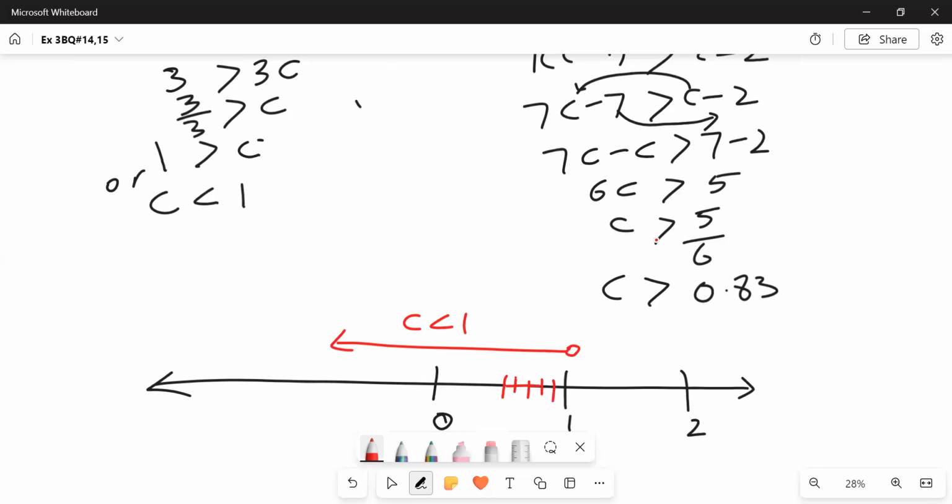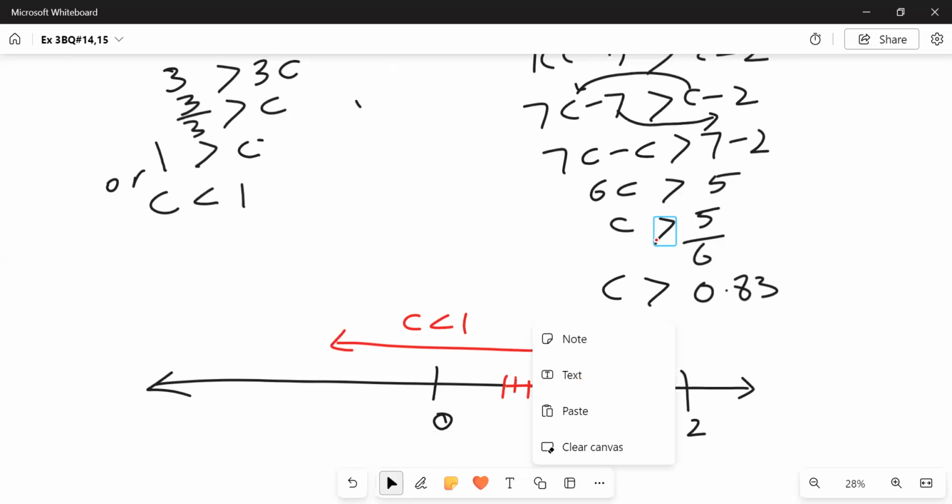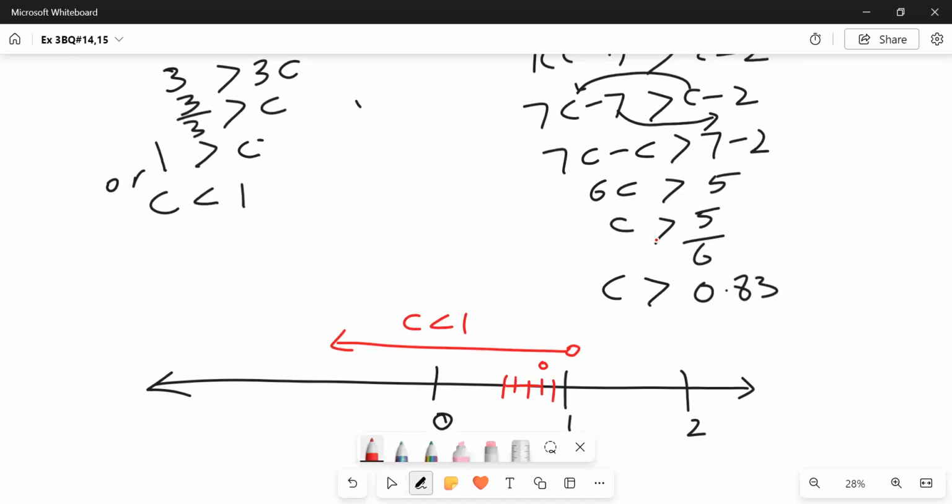So it is 0.8. So I have to draw here a number line. Then to the right side, C greater than.